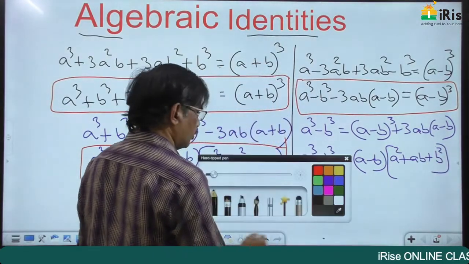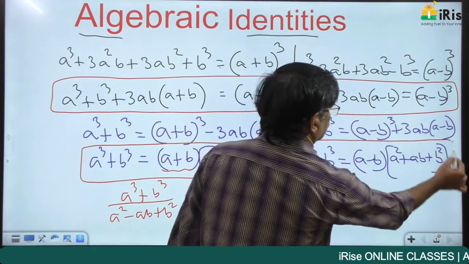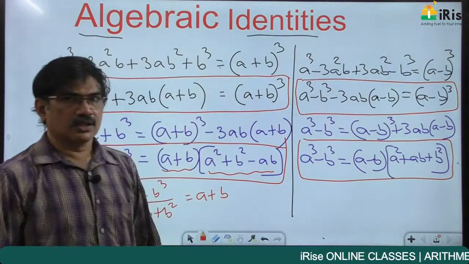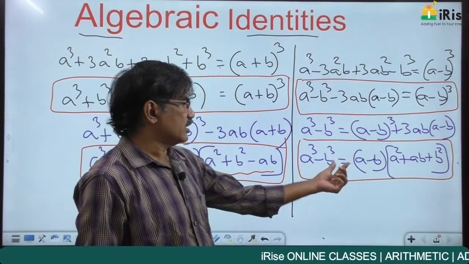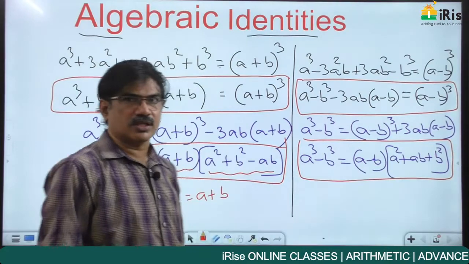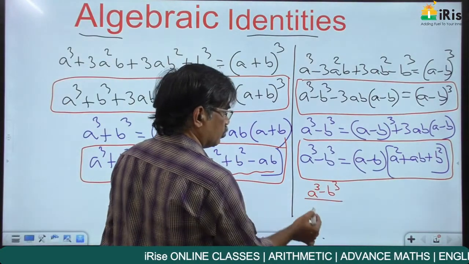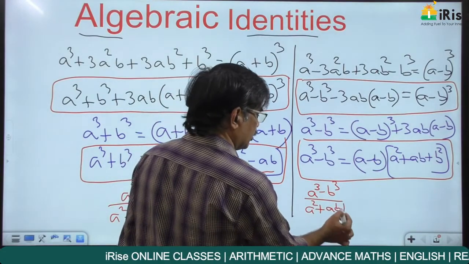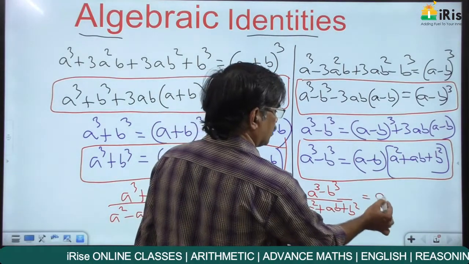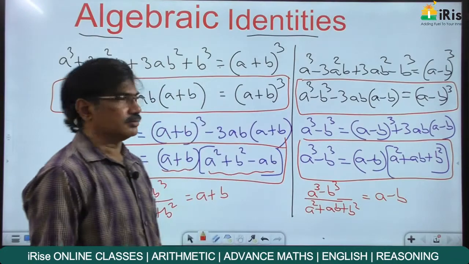This is also an important formula. The formula for a cube minus b cube is (a minus b) into (a square plus ab plus b square). So, what is a cube minus b cube by a square plus ab plus b square? This is nothing but a minus b.